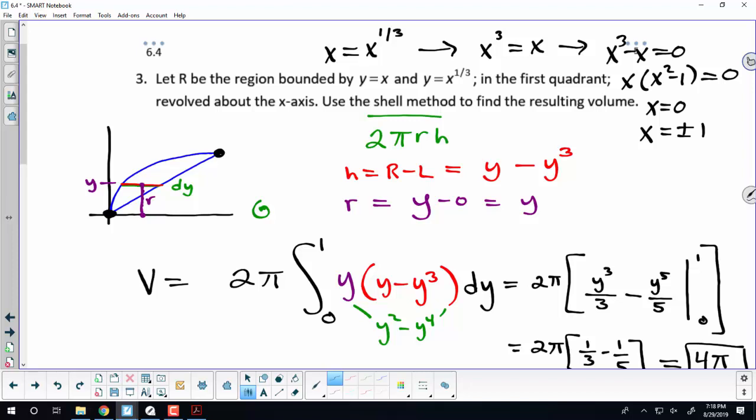And if we needed our y values, we have a pretty easy relationship between x and y for one of those equations we plug into. So if x is 1 here, y is 1 here. Any other questions?